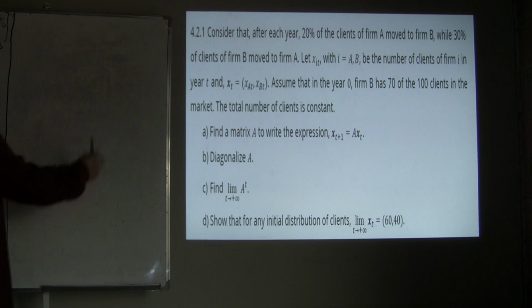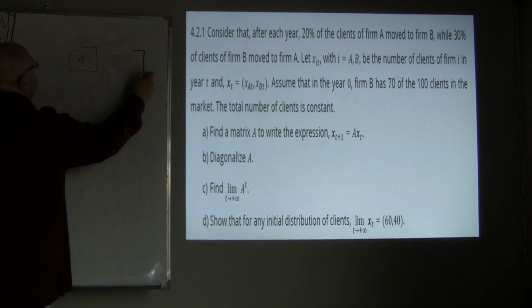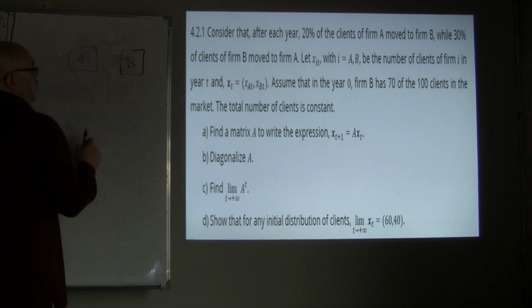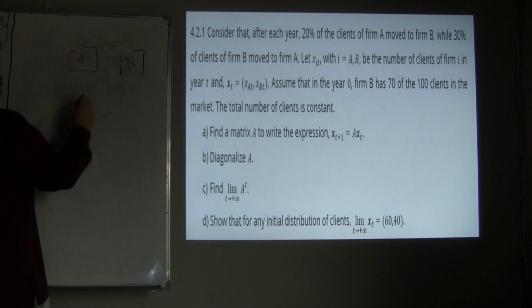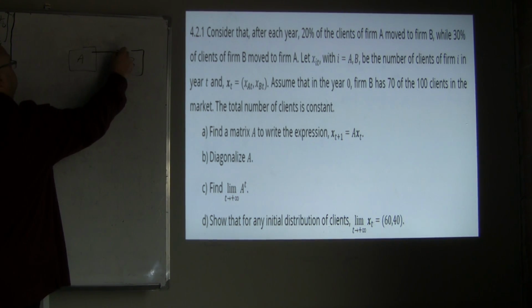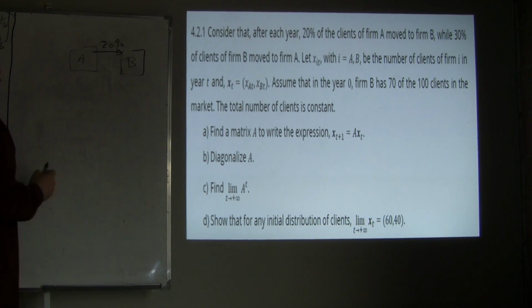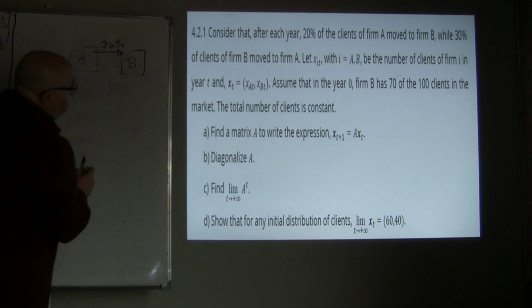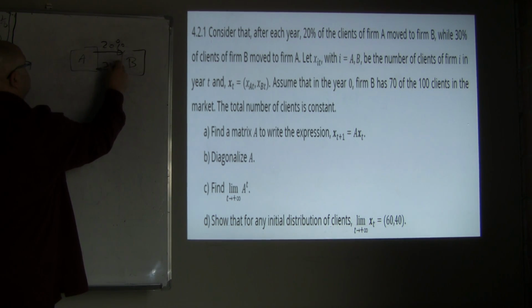So this is company A, and that's company B. Each year you have 20% migration from firm A into firm B. This is going to be 20%. And from B, 30% of clients will move to A. So this is 30%.